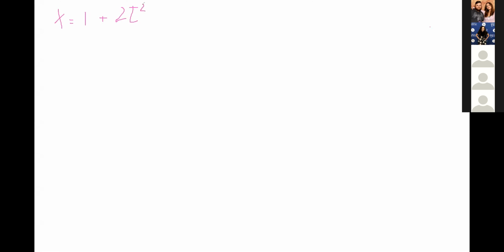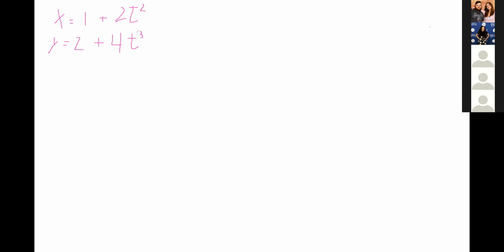And then we have y equals 2 plus 4t cubed. Again, just the t is cubed. Okay. It first has us eliminate the parameter, find the tangent line at t equals 1, and find where it's increasing and decreasing.